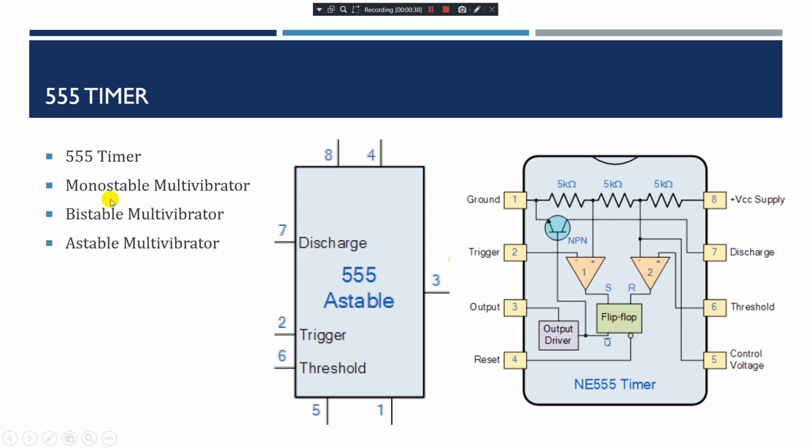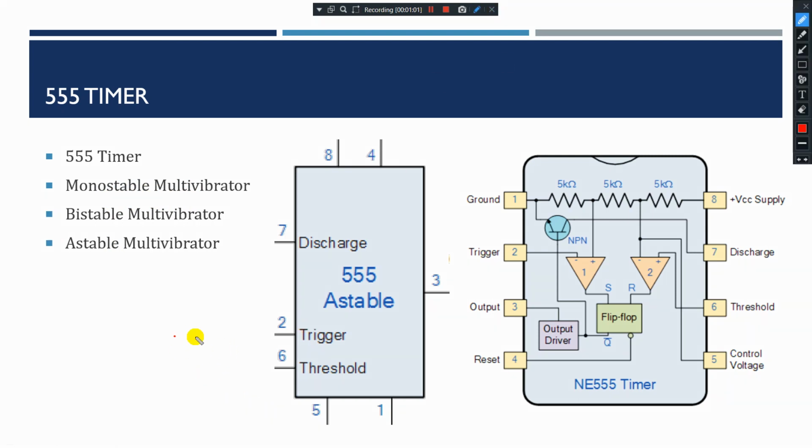There is a lot of difference between your monostable, bistable and astable. When it comes to monostable mode, it produces a precise timer for a fixed time duration, from an external pulse.